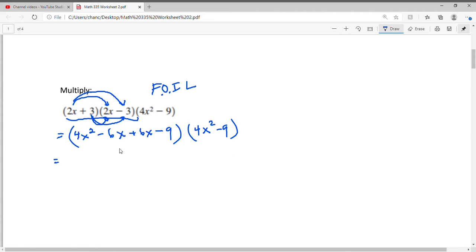Now let's collect like terms. We have the negative 6x and the 6x, they just cancel out. So I have 4x squared minus 9 times 4x squared minus 9.